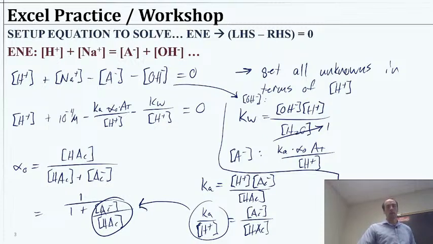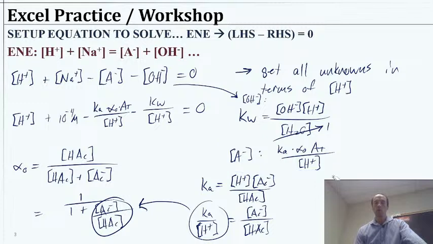And I made a bit of a mistake not giving myself enough room right in here. So I might rewrite that. So then we can get the alpha 0 fraction in terms of this Ka value and the H plus value. So let me rearrange just a bit.